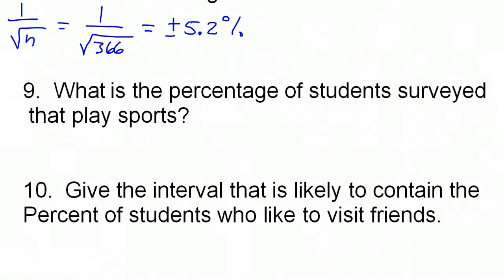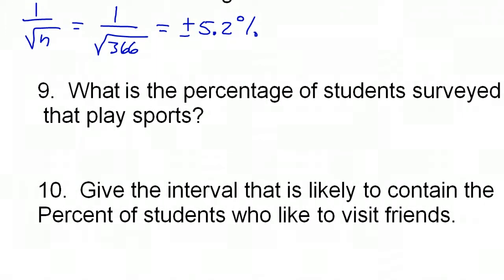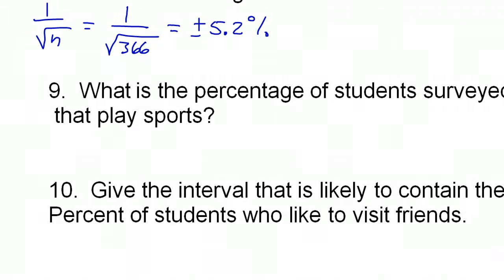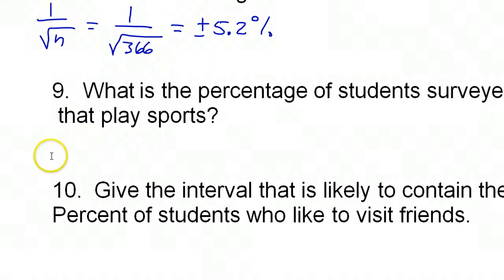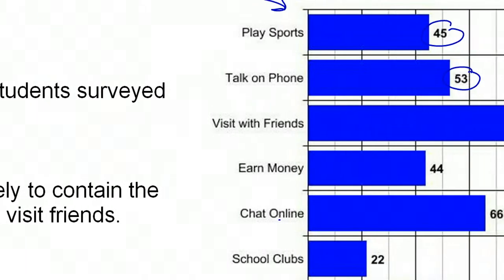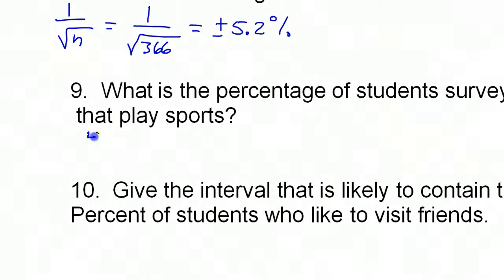Okay, because we really got to differentiate between the percentage of students in the survey and the percentage of students in the whole population. So anyway, to calculate that percentage, you take the number of kids who play sports and divide by the total. So that's 45 out of 366 kids surveyed.